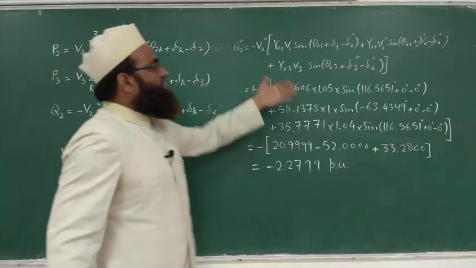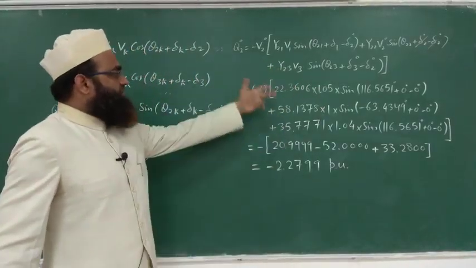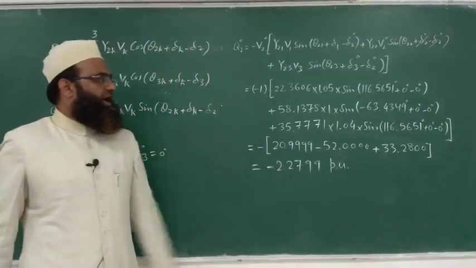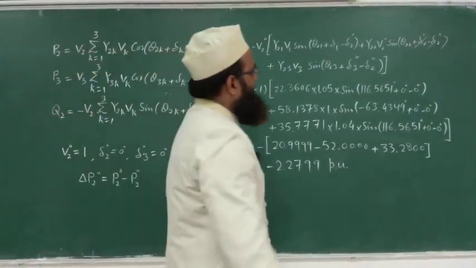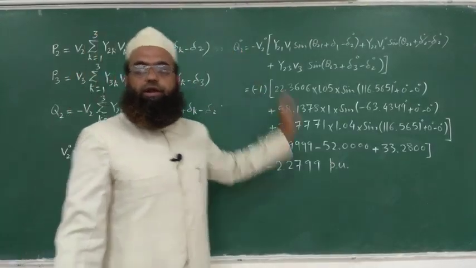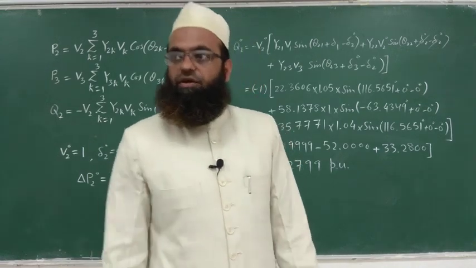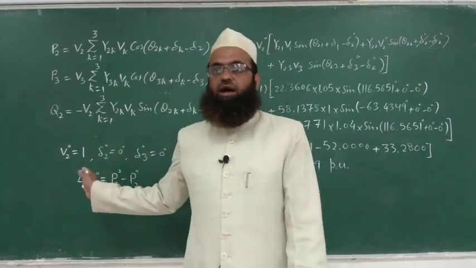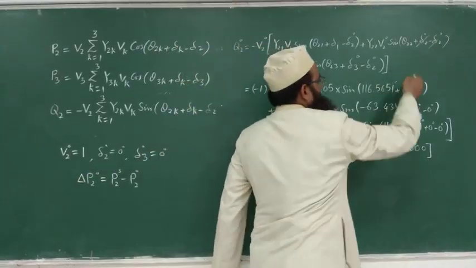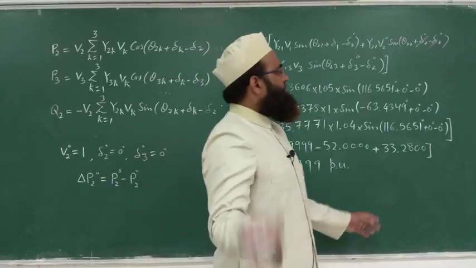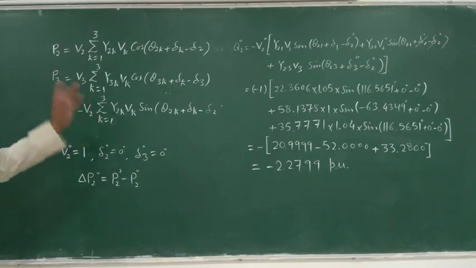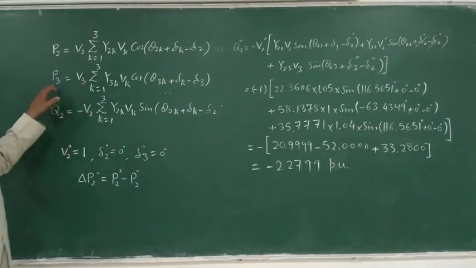So after substituting the values of the specified parameters and variables, we will get the value of Q2 0 as this, 2.2799 per unit. Here we are evaluating Q2 0, means we have yet not evaluated the values of the variables in first iteration. So whatever the values of the variables are there with us, that is assumed value, we will substitute accordingly. So both are 0, so put 0. In next iteration they may be different. Fine. So this way we have evaluated P20, P30 and Q20.